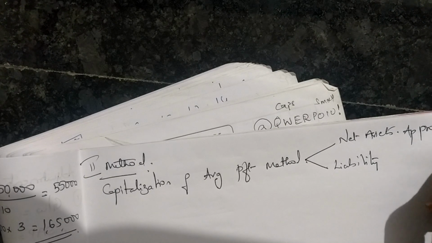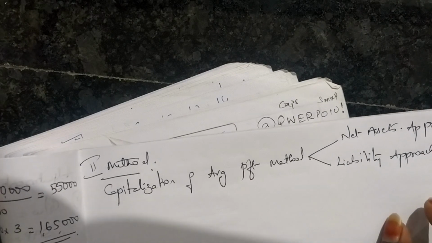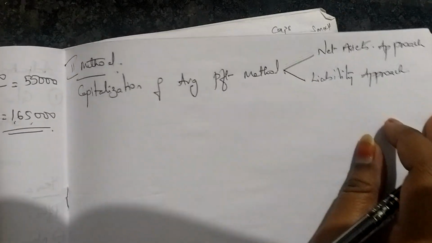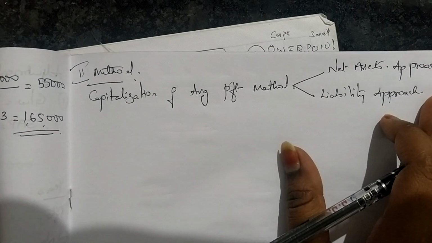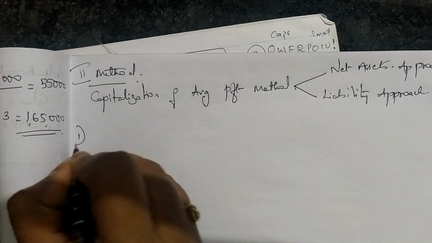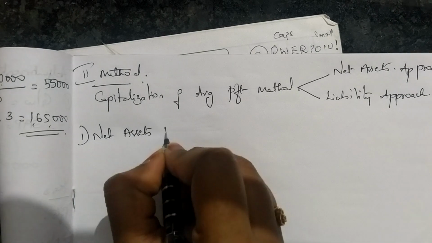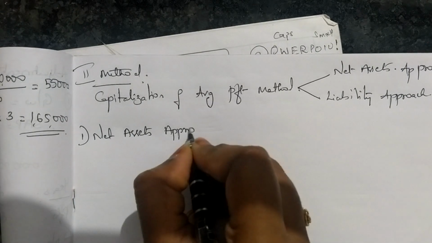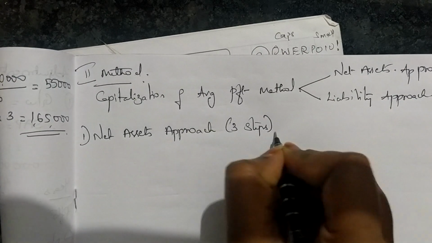First we'll solve the problem on net asset and then I'll tell you about liabilities. Under the net assets approach, there are three steps that you have to follow.